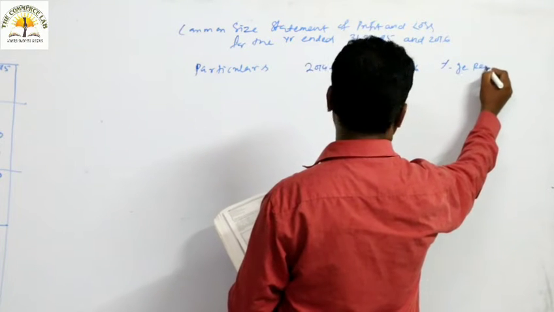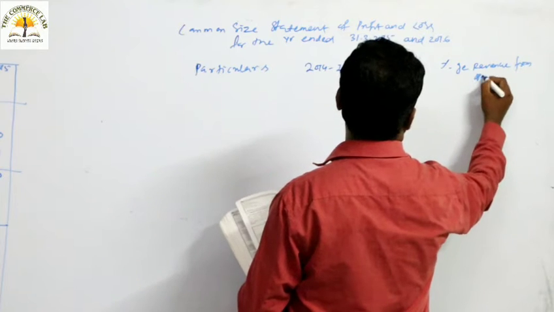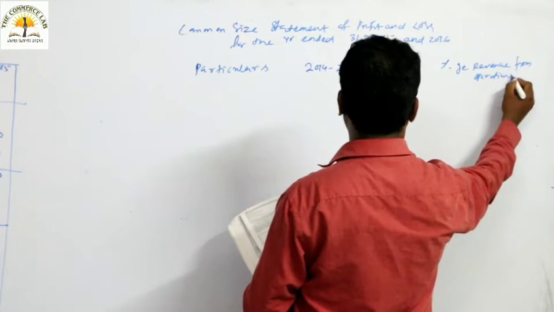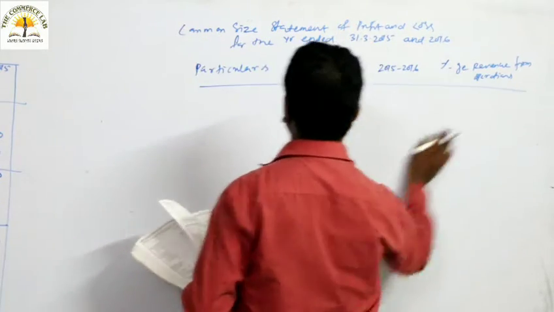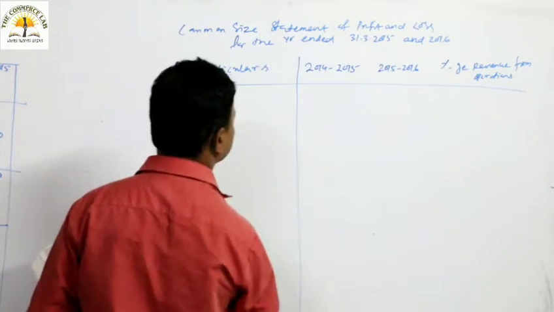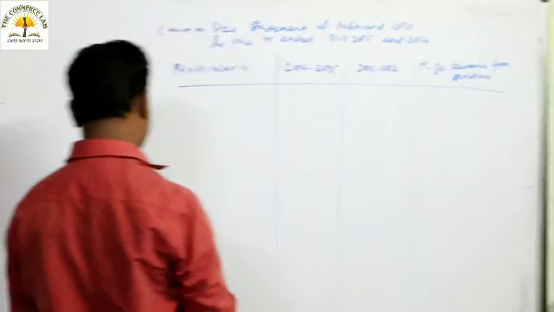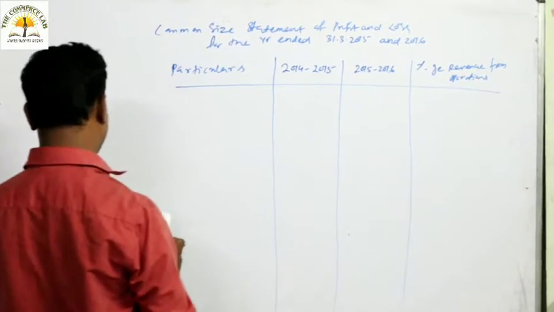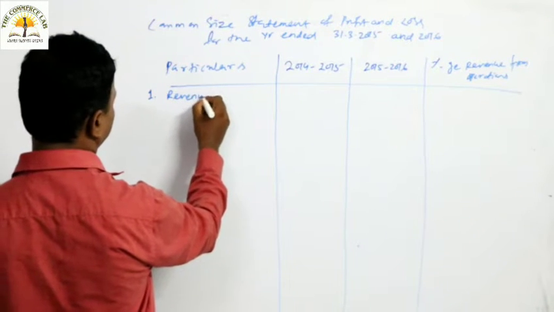Thereafter, percentage of revenue from operations, that you have to write. This is particulars, this is 2014-15, 2015-16. Based upon the question, first will come revenue from operation.